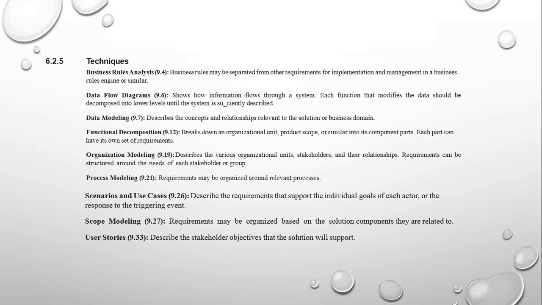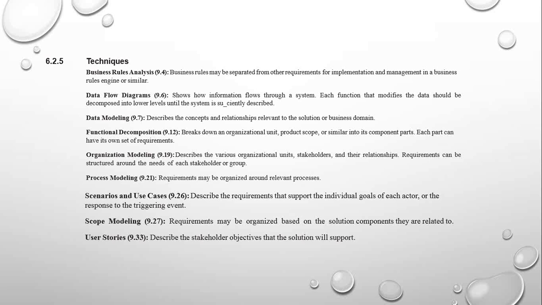Then we have the techniques. Again, when it comes down to techniques, we are going to think about business rules analysis, data flow diagram, data modeling, functional decomposition, how that is done, how that is going to happen.